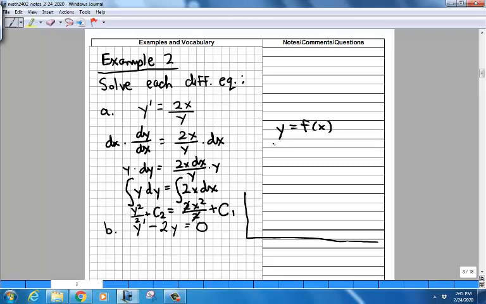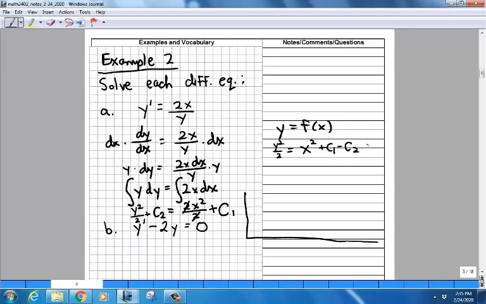So I have y squared over 2 is equal to x squared plus C1, and now I'm going to subtract the C2 from both sides. So we end up with this. Now here's a simplification I can do at this point. Here you're taking this constant, which is just some arbitrary constant, and there you're subtracting off some arbitrary constant.